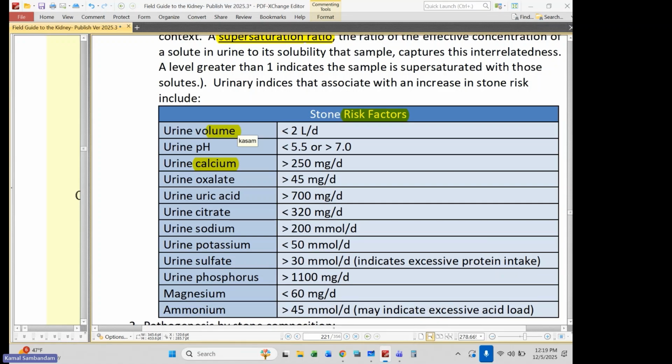And so things that would predispose a patient to more likelihood of stone formation is having relatively low urine volumes. That should be self-evident. Urine pH is a factor depending on the stone that you form, okay? So having some perfect pH is really not a sensible statement, because you have quote unquote perfect pHs for calcium phosphate stone formers. You have perfect pHs for uric acid stone formers, okay?